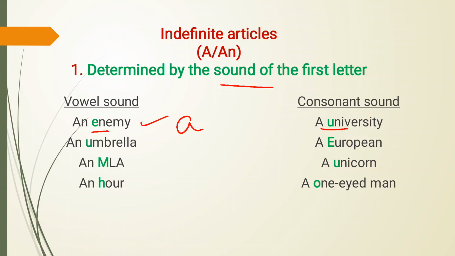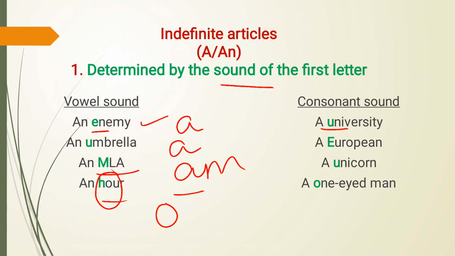When we say umbrella, the word begins with a vowel sound. When we say an MLA, our sound begins with em, so it is a vowel sound. When we say an hour, here H is silent and the sound that comes out is O. That is why we have used the article an here.